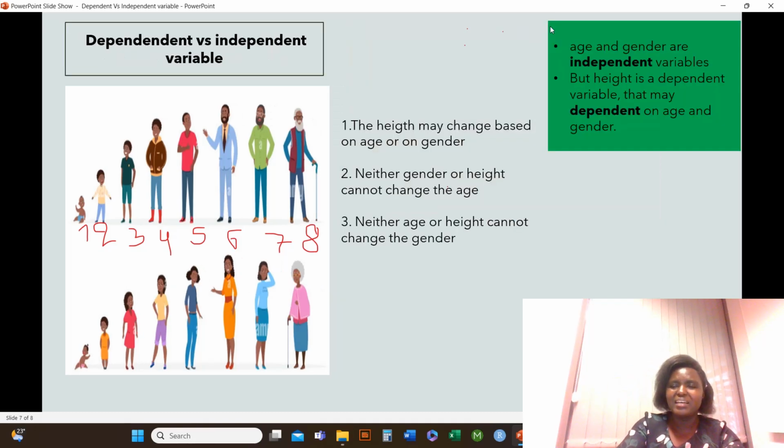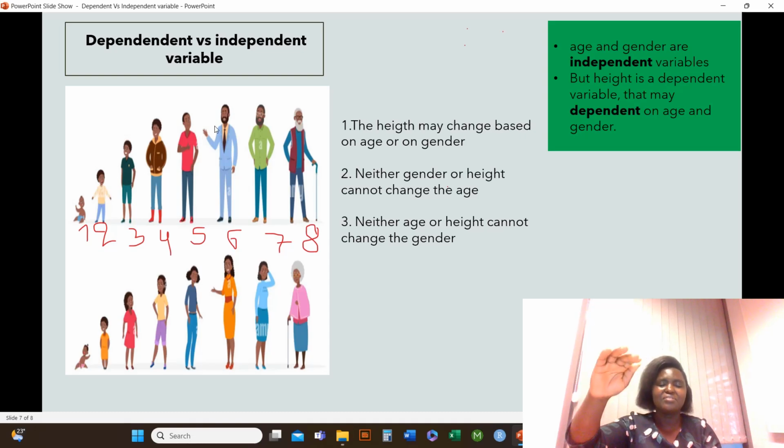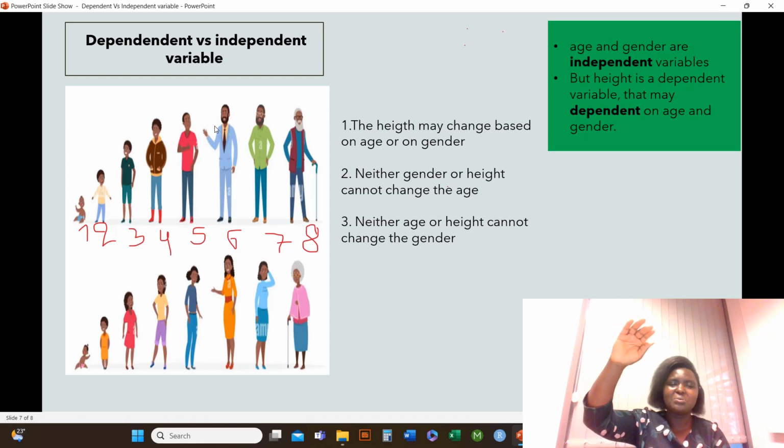Okay. Consider again the same scenario here. As you can see, the height may change based on age or on gender. Based on age, as younger individuals tend to be shorter, and as we grow, our height also grows.